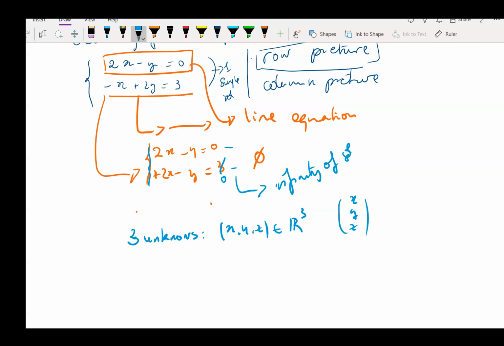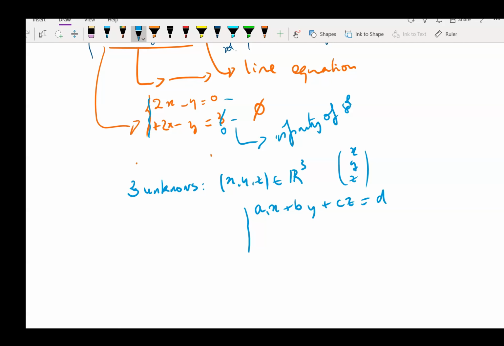Okay. So if I give you three equations like Ax plus By plus Cz is equal to some constant value D, and I give you three of those equations, so let's say this would be a first one, that would be a second one, A2x plus B2y plus C2z is equal to D2, A3x plus B3y plus C3z is equal to D3. If I give you three equations of this kind, this is again a linear system of equations, because I just have a constant times my unknown plus the next constant times my unknown and so on.